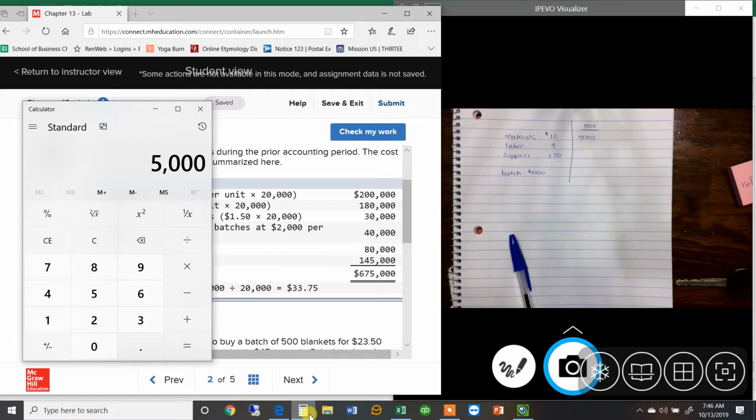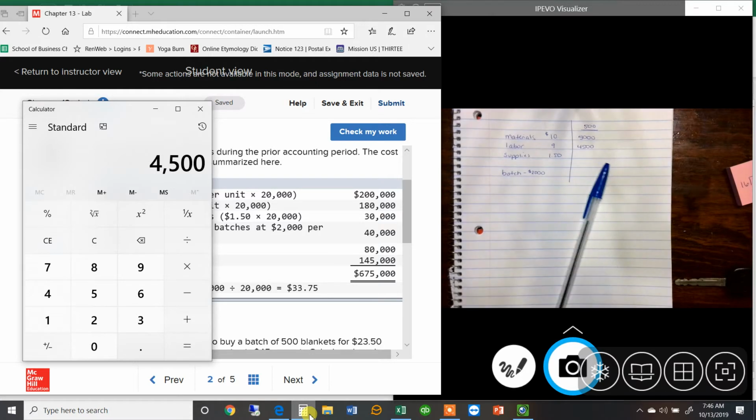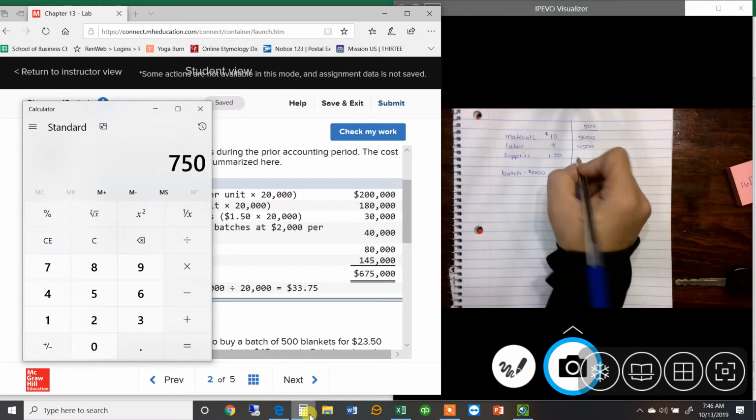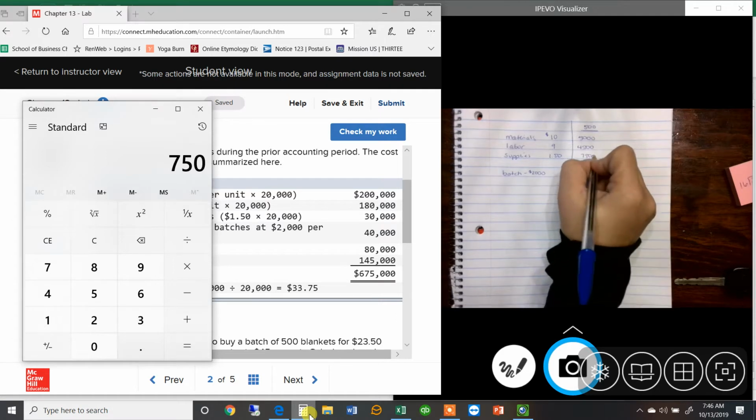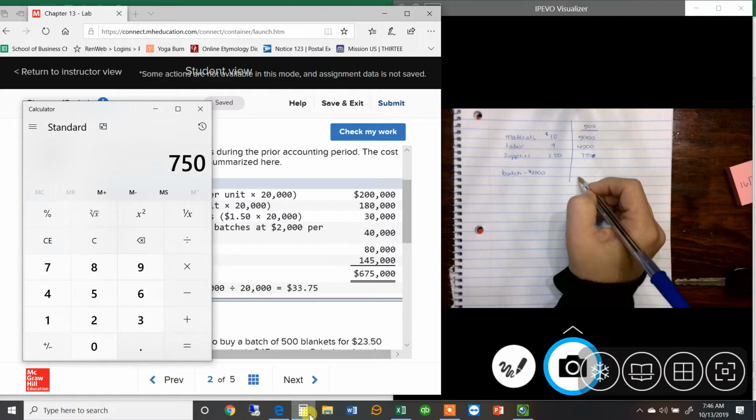Well, labor is going to be 9 times 500. So that means it's $4,500. Again, I'm going to take 1.5 times 500, which is 750. But then when I look at this, I'm also going to add in one batch.